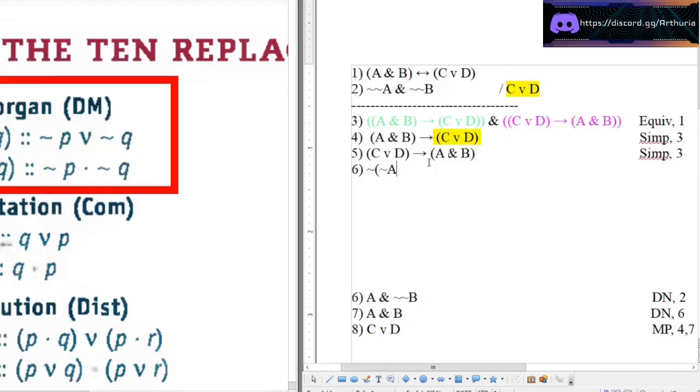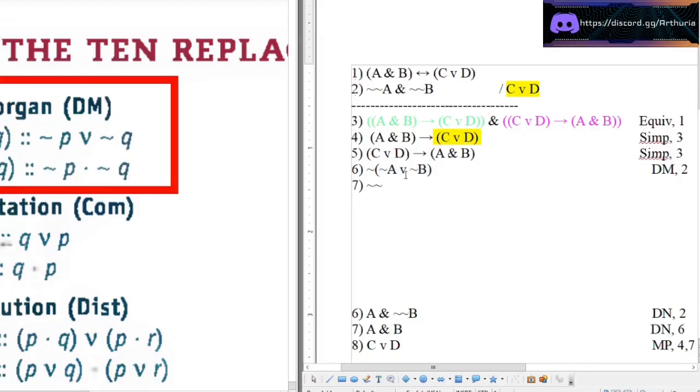So I take a not out, and I change the and to an or. And I would change an or to an and, as I'm about to do. So then this would be De Morgan's of 2. 7. I can De Morgan's this thing, actually. Why not? So I just take out a not.